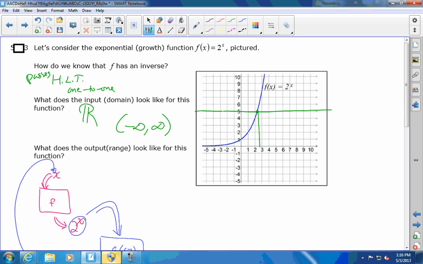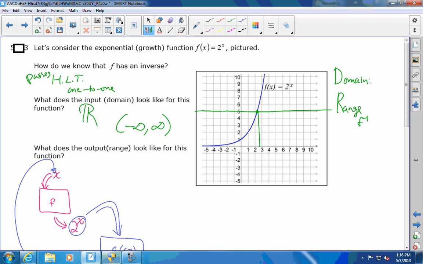So that domain is going to be the range of f inverse. So I know my range can be any number, negative or positive. I'd like to now know what my domain is for my inverse function. So what's the domain going to be for my inverse function?